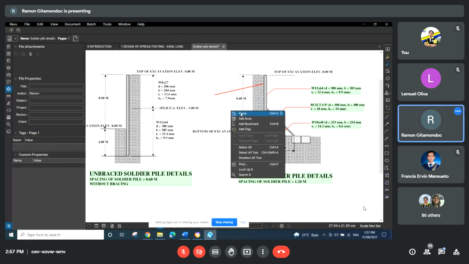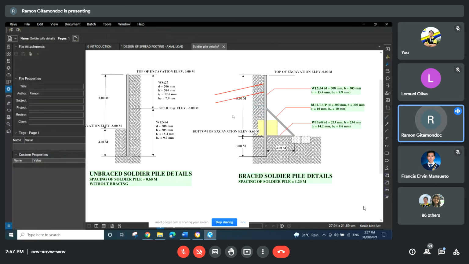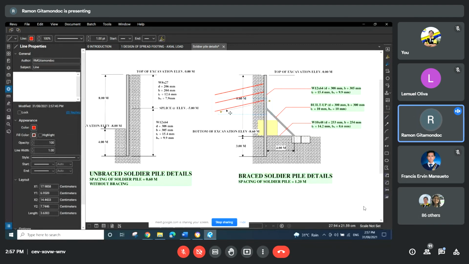So instead of a rigid sheet pile, you have here a softer barrier, no? Because you are relying now on the tension in the soil nail.